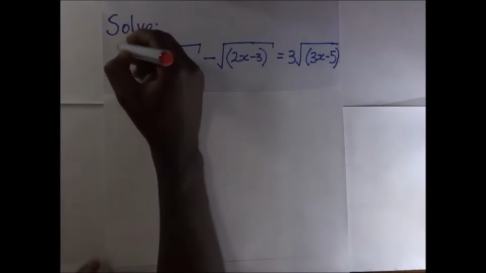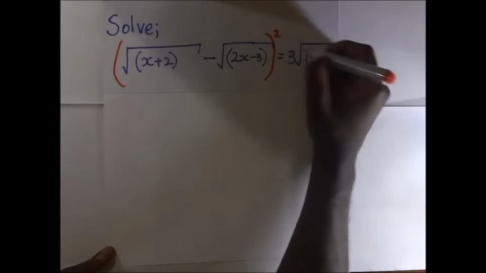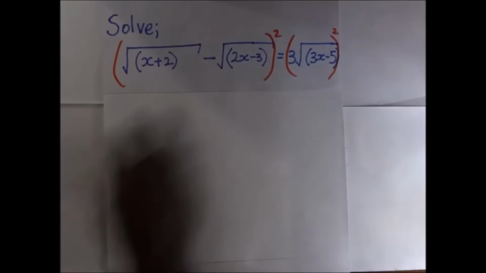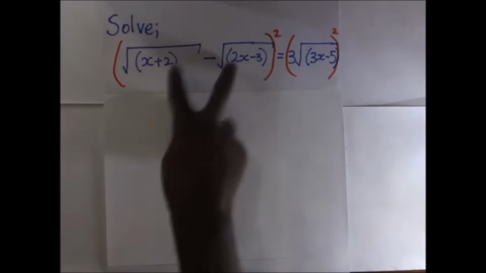Solving this, it means that we are going to square both sides. It means we are going to square here, and we square this as well. Squaring both sides, this is like (a minus b) squared.